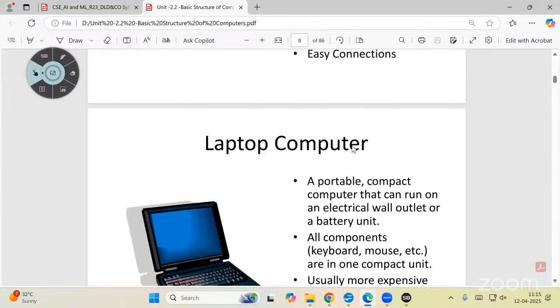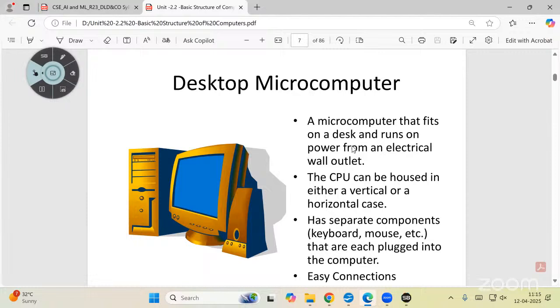The next one, laptops. In the desktop computers and personal computers, the monitor is placed separately, and the CPU, the central processing unit cabinet, is also placed separately, and both are connected with a data bus. That data bus we call RS-232.